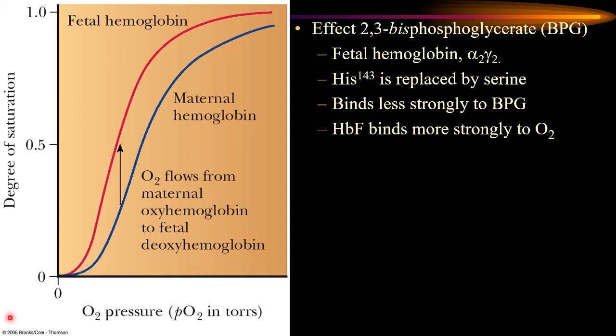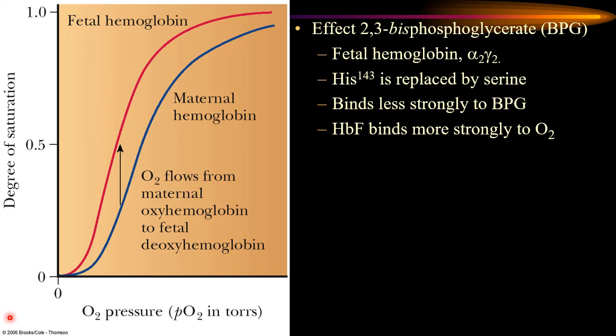So what happens? Imagine a pregnant woman having a baby. As the maternal blood circulates and goes into the uterus, there's no mixing of maternal blood and fetal blood. It's just in the capillaries in the uterus.